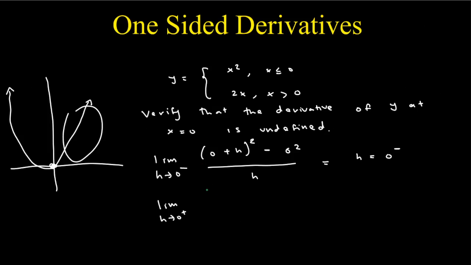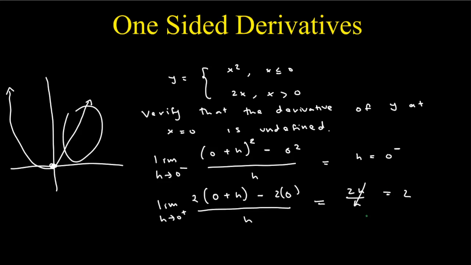So then for that we do 2 times 0 plus h minus 2 times 0, divided by h, and that is equal to 2h over h, and then that cancels, so we get 2.